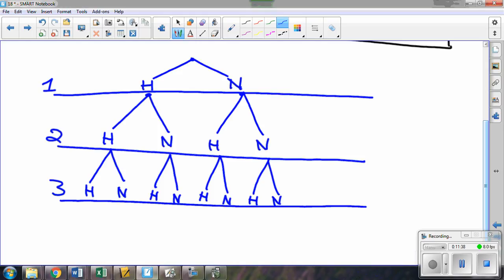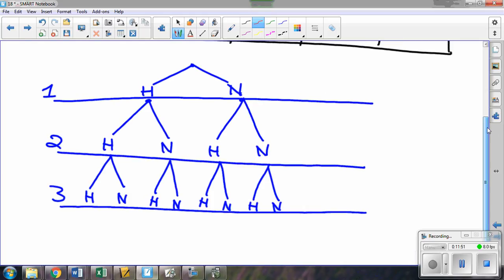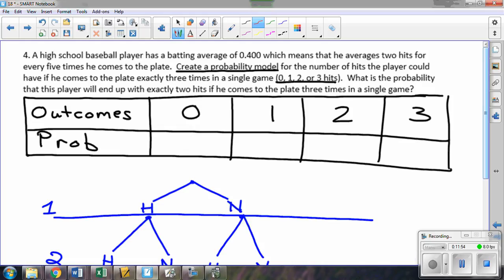At this point, we need to start writing down the probabilities. What is the probability that this player gets a hit? We were told, scrolling back up to the top, that they're a 400 hitter. So that's the probability that this person gets a hit, 0.4. Keep in mind, if it's a 0.4 probability of successfully getting a hit, what is the probability of not getting a hit?